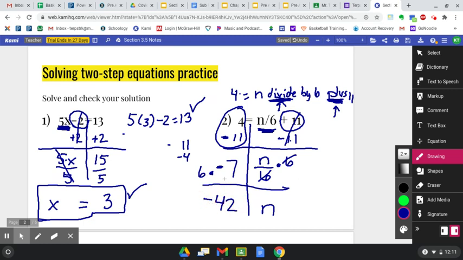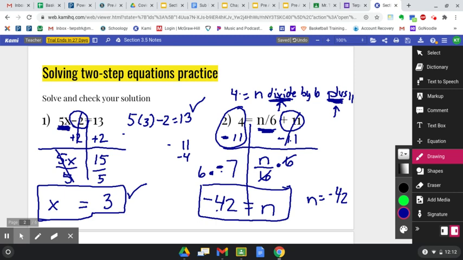Our integer rules tell us a negative times a positive should result in a negative value. So we get this as our solution. Notice the answer key will probably be written as n equals negative 42. If two things are equal, it doesn't matter the order. You can just flip-flop sides there.